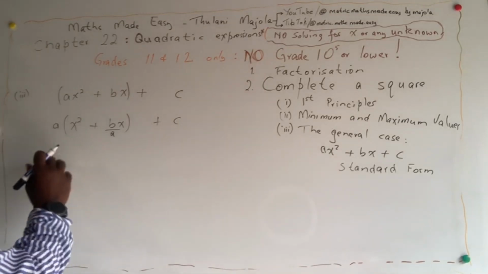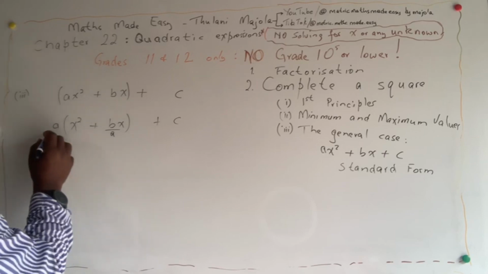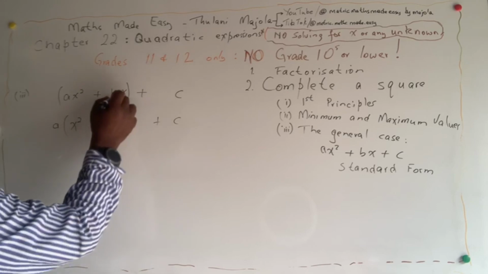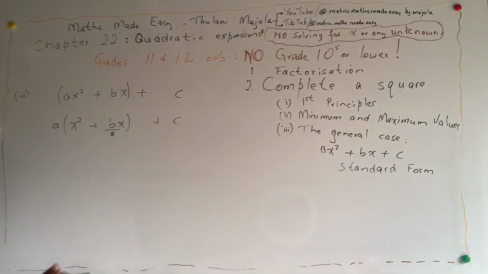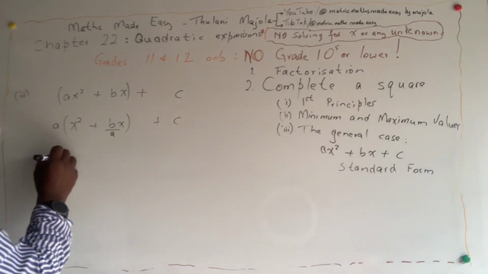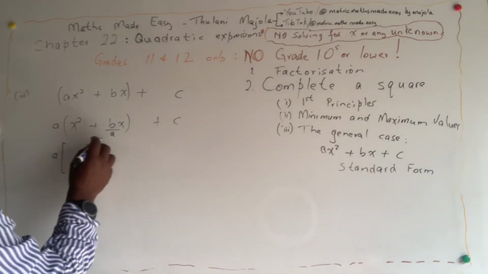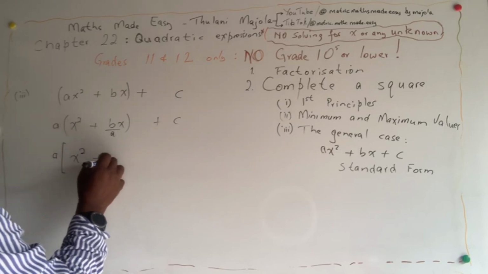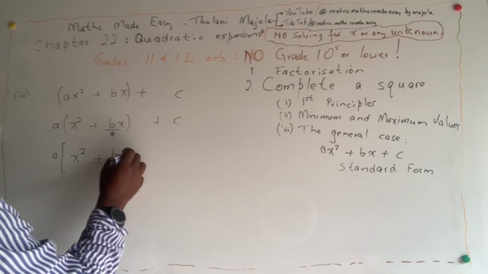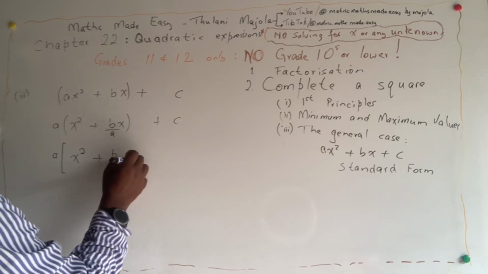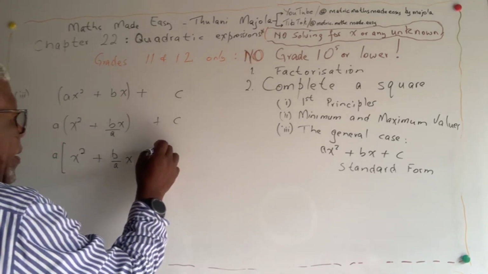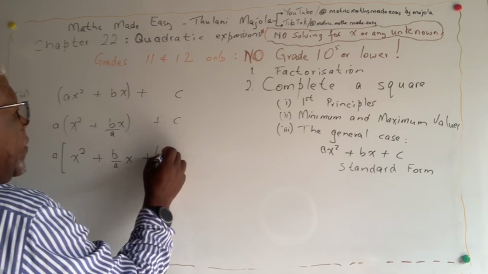So now this is a times x squared plus b over a x, plus c. And then you complete the square. To complete a square, you add half the coefficient of x.